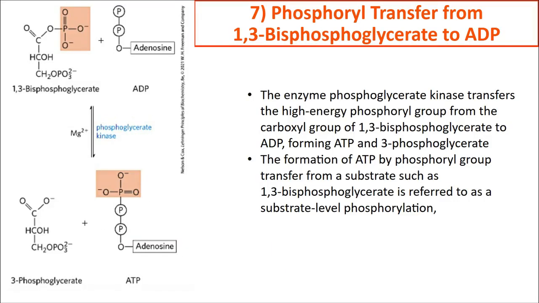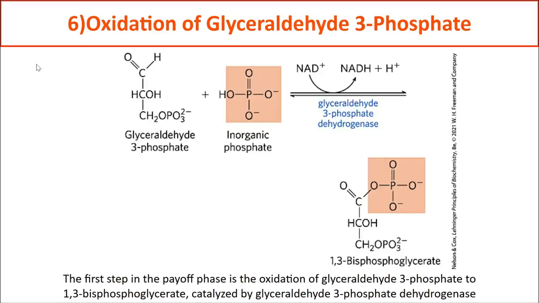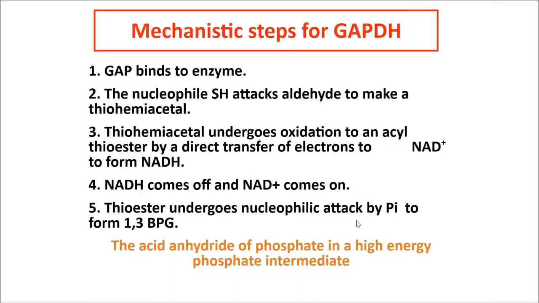And then the 7th stage is the phosphoryl transfer from 1,3-bisphosphoglycerate to ADP. And so now we're starting to pay off. Because remember, we have 2 of these molecules because we started off with now 2 of these glyceraldehydes. So there are 2 1,3-bisphosphoglycerate.